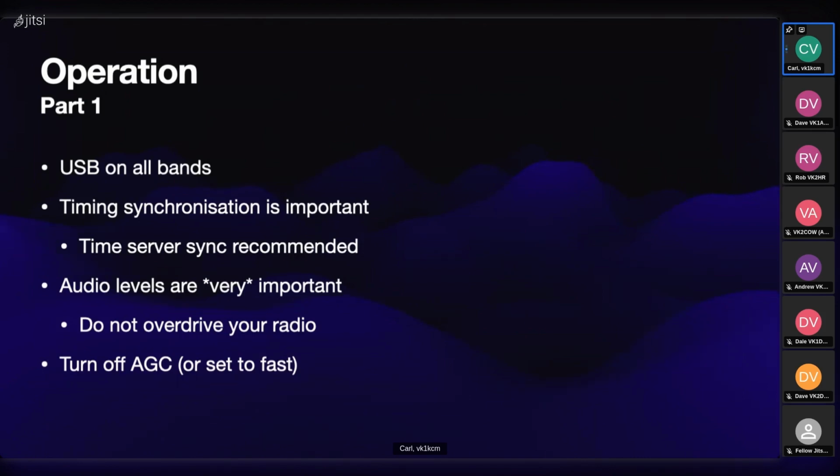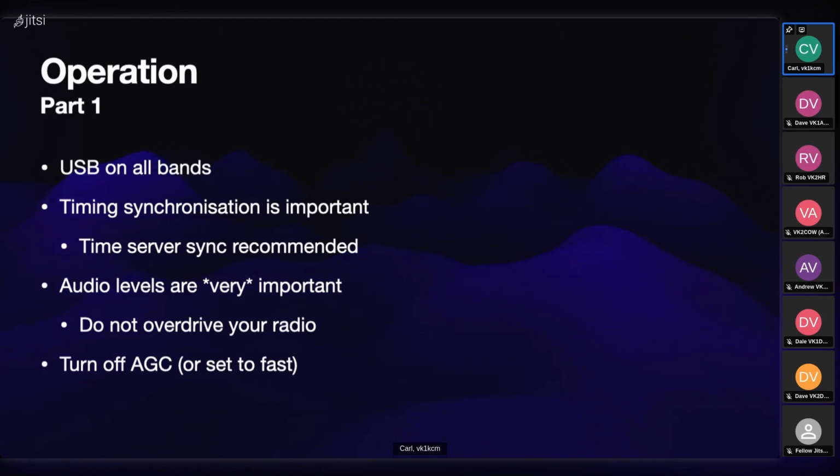The other thing to remember is audio levels are very important. This is one mode that is very, very unforgiving if you overdrive your radio. If your radio has the ability to measure ALC, you're able to see your ALC as you put signal into your radio. You want to really just pip the ALC so it's just starting to move, and that'll give you a good signal.